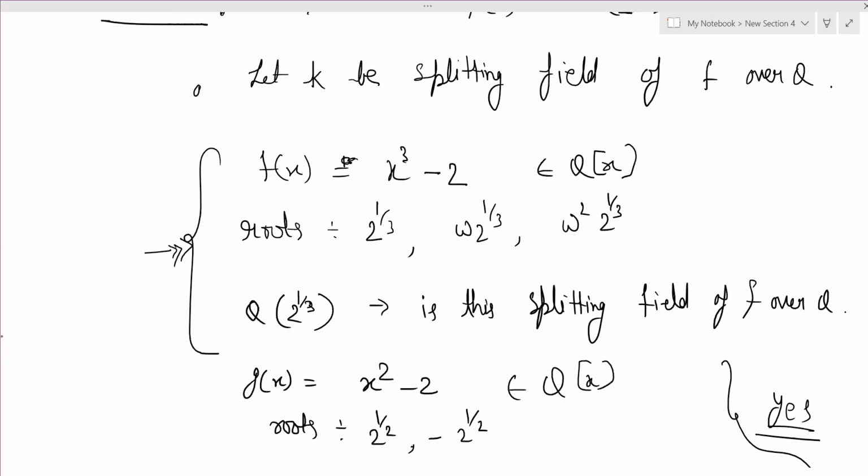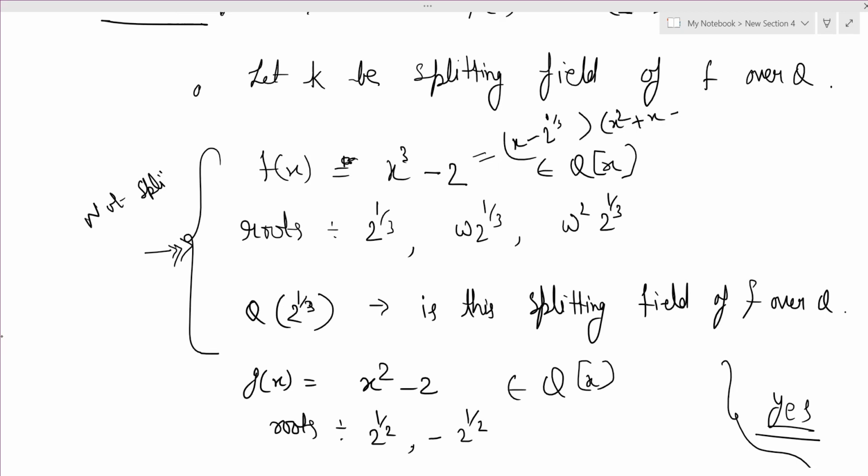So sir, 2^(1/3) can be, no? 2^(1/3) can be, but you cannot write it as linear factors, right? You can write it as a linear factor and a 2-degree factor. Let me write it here: x minus 2^(1/3) into x squared plus x plus something.